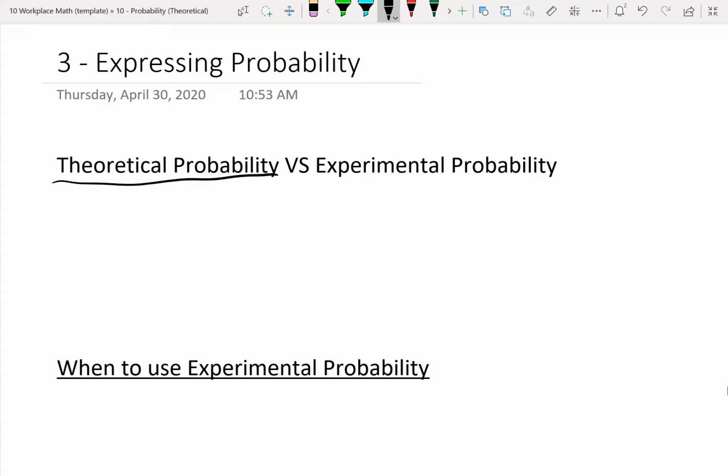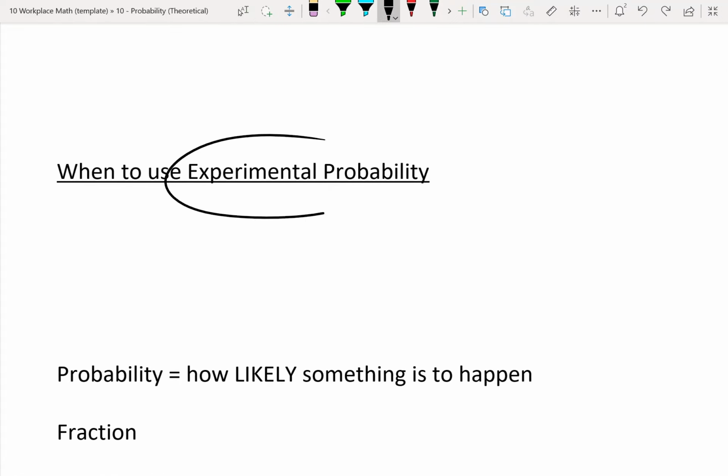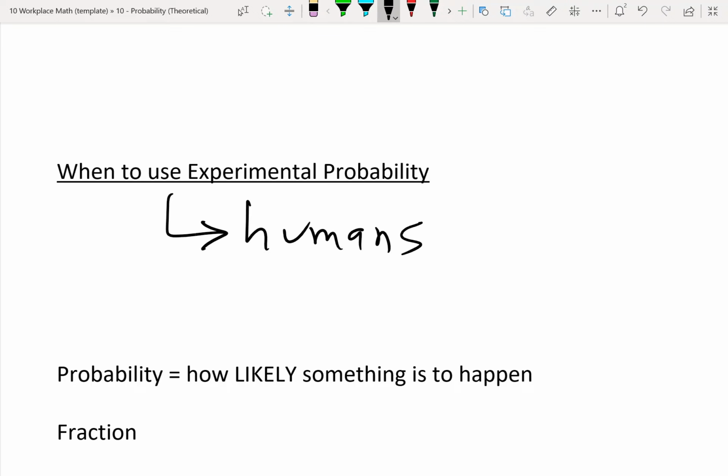And honestly, you're going to see why that one kind of falls flat. It's more about stuff like dice and cards and computers, not people. Experimental probability is when we do experiments to try and see what's happening. If there's anything with humans, anything going on with people, especially if it has to do with skill or something that is hard to understand, we're going to use experiments and experimental probability.